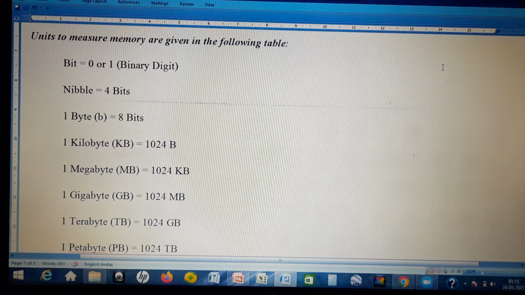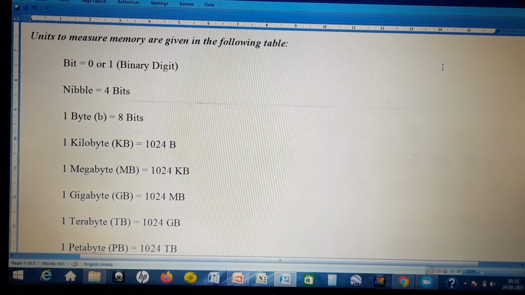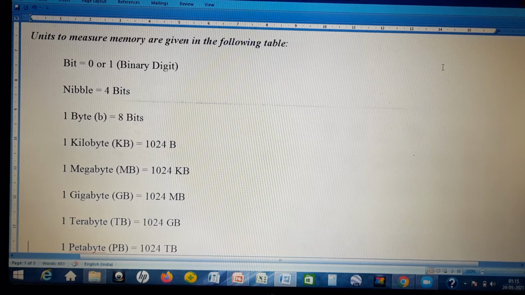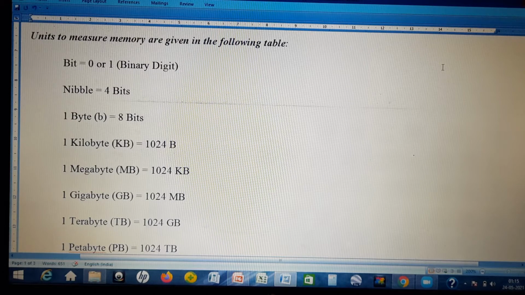Bit equals 0 or 1, a binary digit. 1 byte equals 8 bits. 1 kilobyte or KB equals 1024 B. 1 megabyte or MB equals 1024 KB. 1 gigabyte or GB equals 1024 MB. 1 terabyte or TB equals 1024 GB. And 1 petabyte or PB equals 1024 TB.